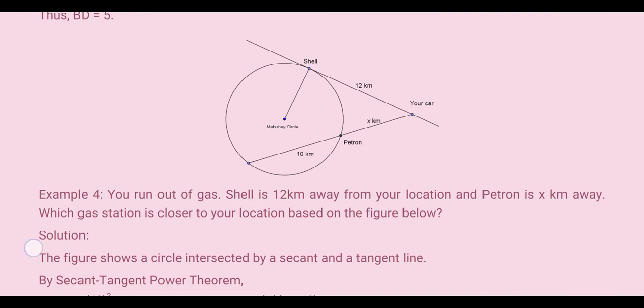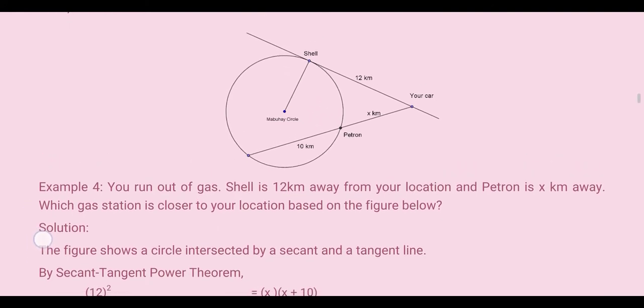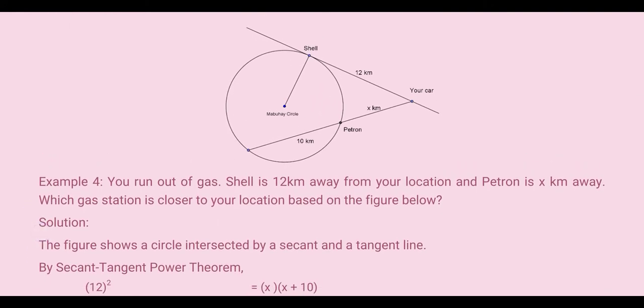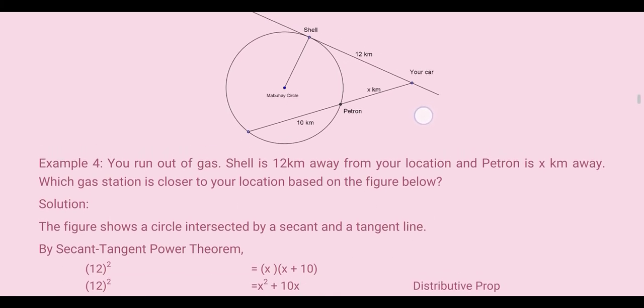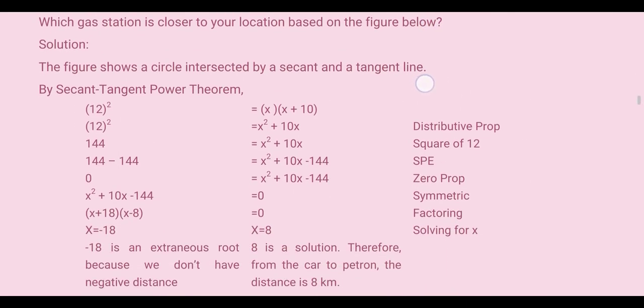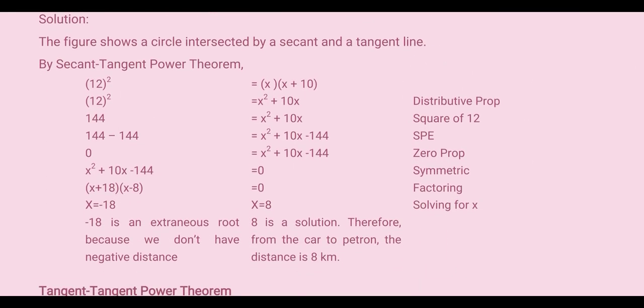By the secant-tangent power theorem, the tangent here is 12. So you square 12, which is equal to the external secant segment, which is x, multiplied by the total, which is x plus 10. So 12 squared is equal to x times x plus 10.